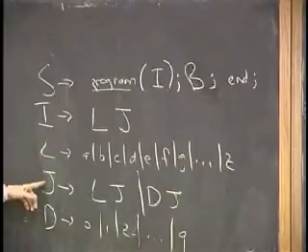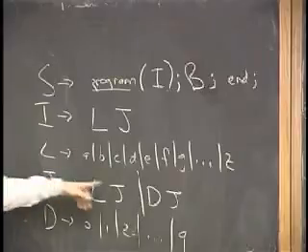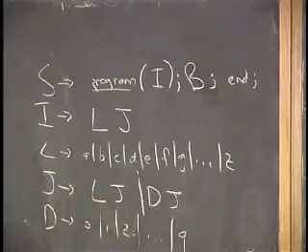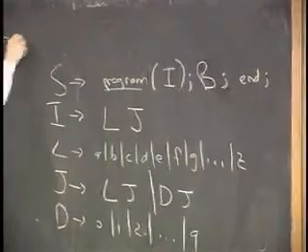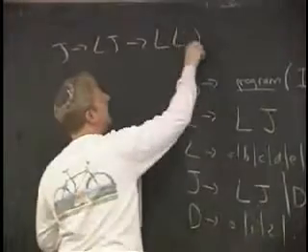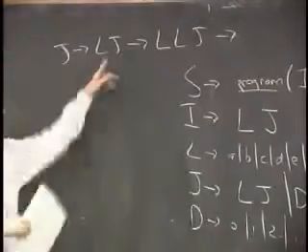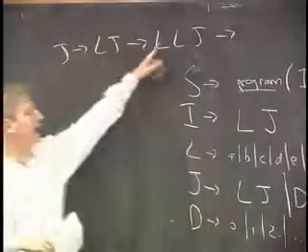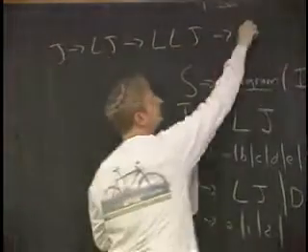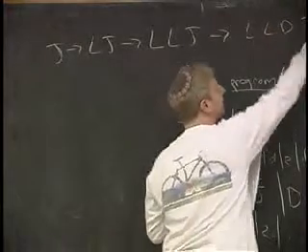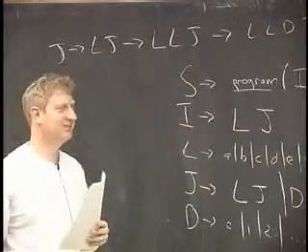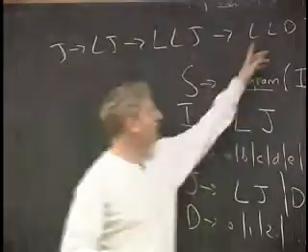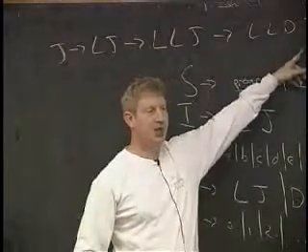How do you ever get rid of a J? J turns to LJ. Let's look at this. J turns to LJ. LJ can turn into LLJ, right? Because the second J turned into an LJ. LLJ can turn into LLDJ. If I just keep using these productions, I always end up with a J at the end.